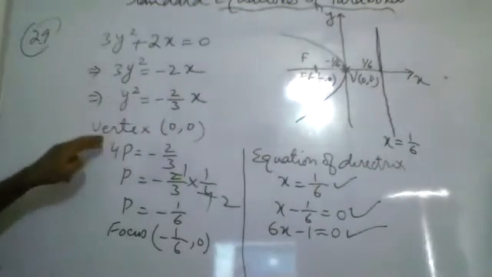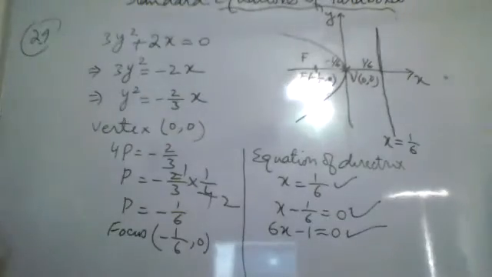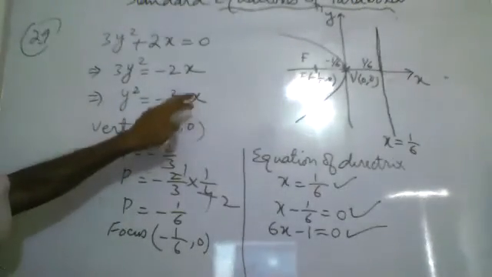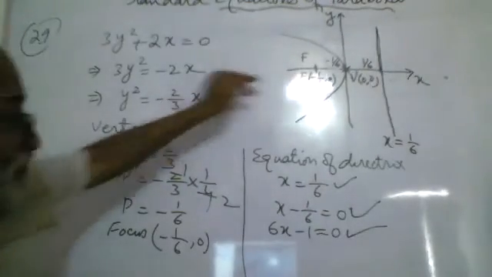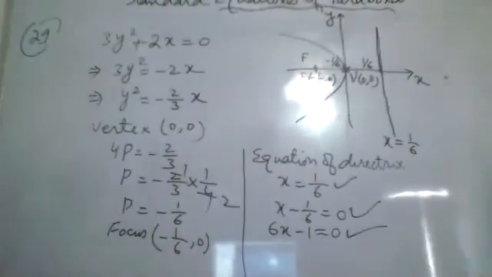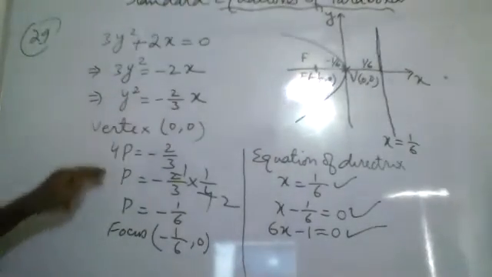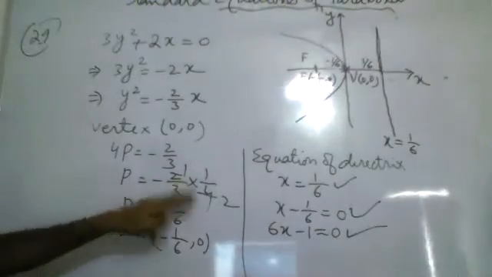So it means the vertex is 0, 0. First of all, we found the vertex. Then we found the axis will be the x-axis. The transverse axis or the axis of symmetry is the x-axis. So on the x-axis we have to make its focus. Then 4p is equal to minus 2/3, so p is equal to minus 1/6.